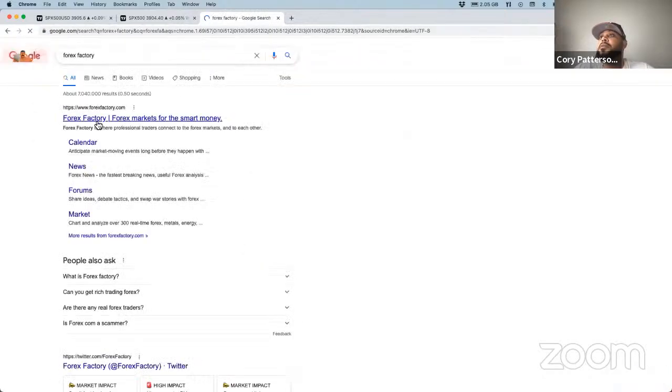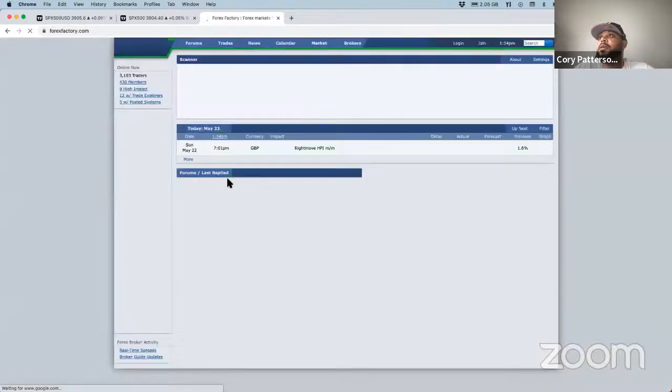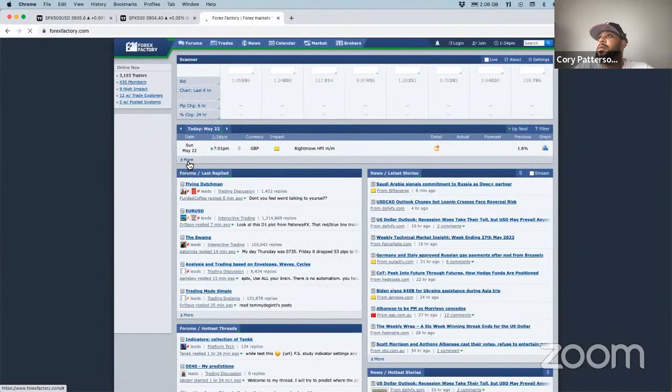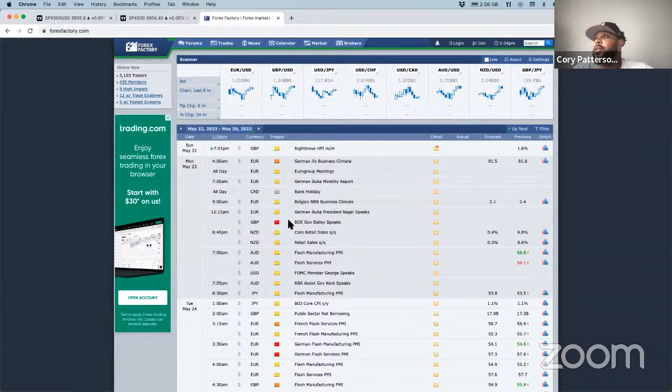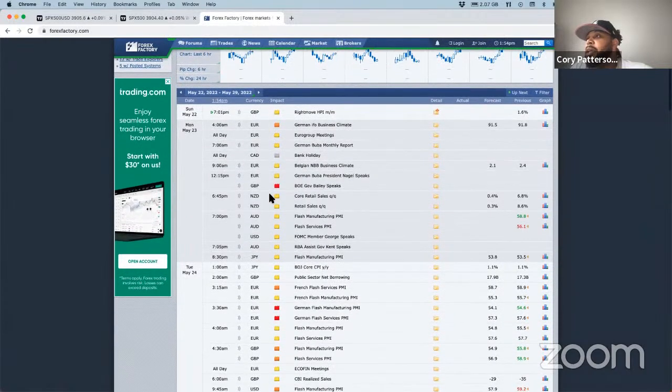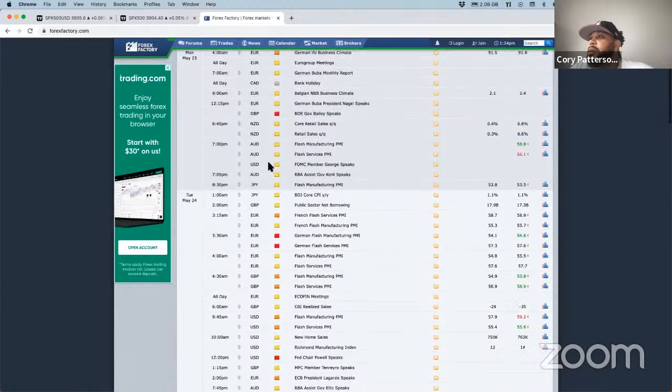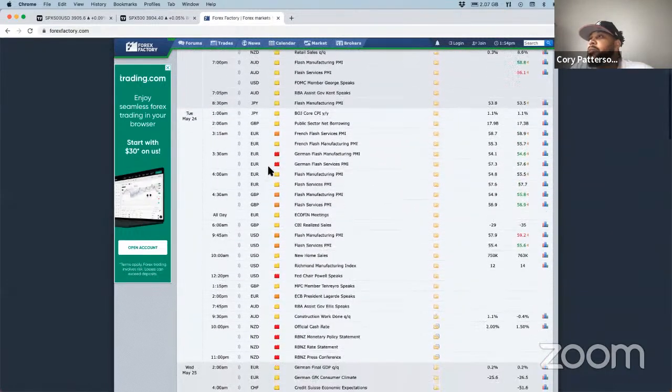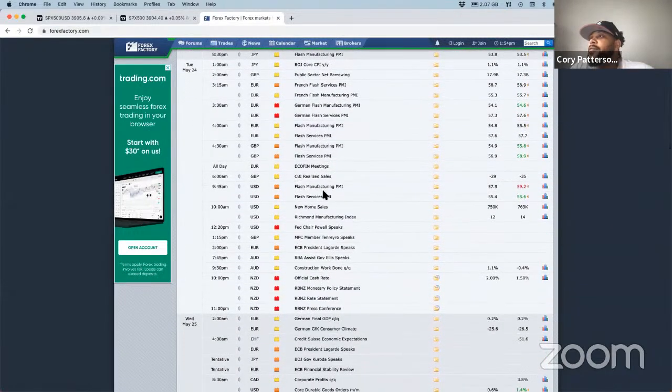So going into next week, what are some high probability days? So Monday, nothing on the economic calendar too heavy on Monday. So we could just have a real technical day on Monday unless we get some breaking news. On Tuesday, Euro news, GBP, USD news, manufacturing.